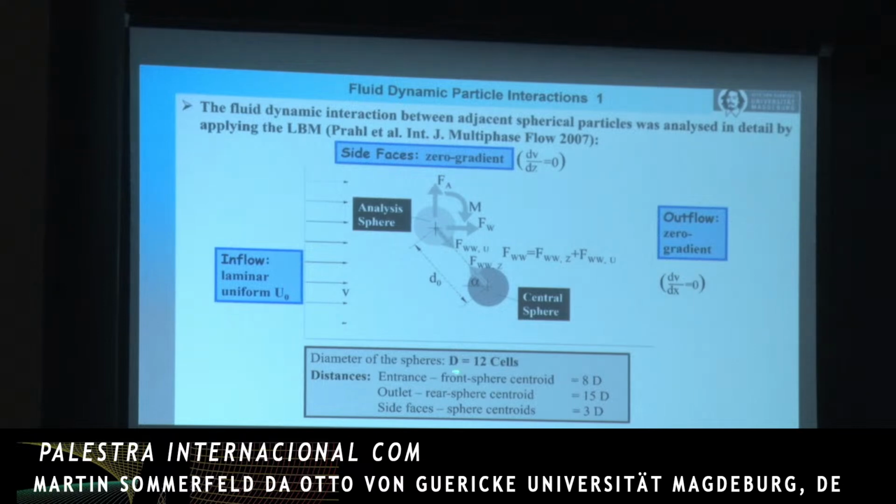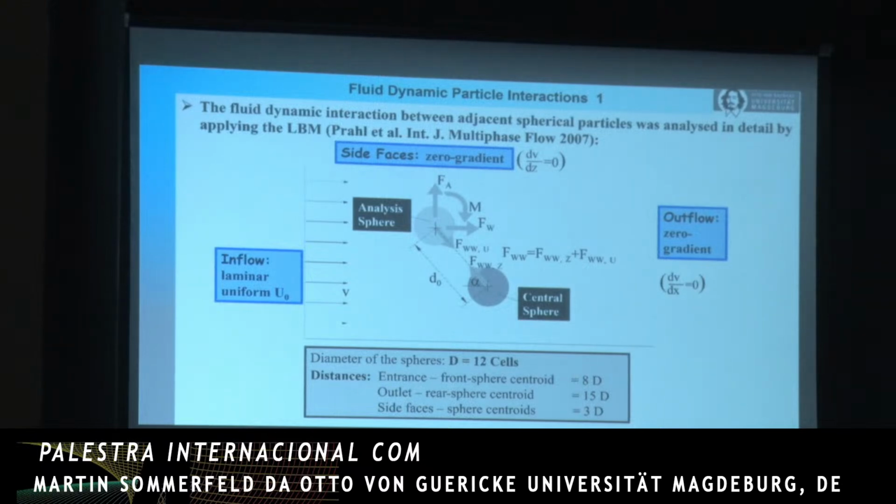Here are some dimensions, D is 12 cells only. And I explained that on Monday, that is where Boltzmann has this big advantage. We don't need such a big resolution like 20 or 30 cells, because we have a different boundary condition. We evaluate the forces acting on the particles in a different way. They come out from the bounce-back boundary condition.